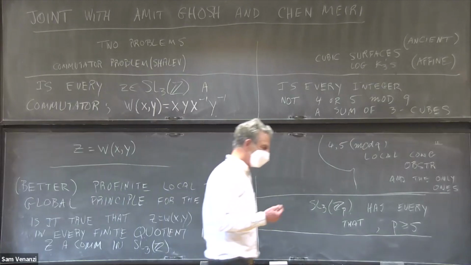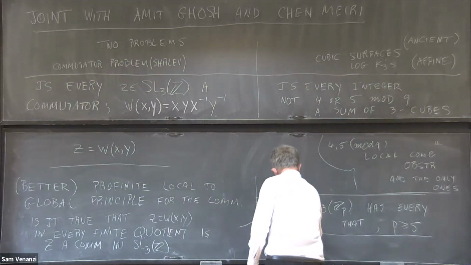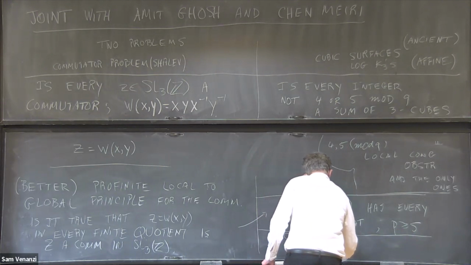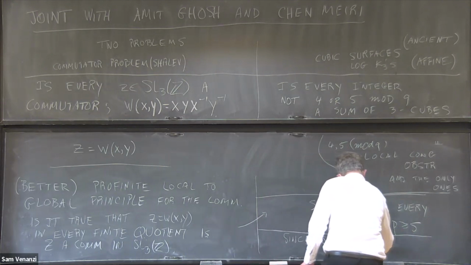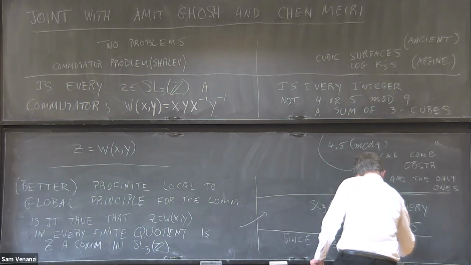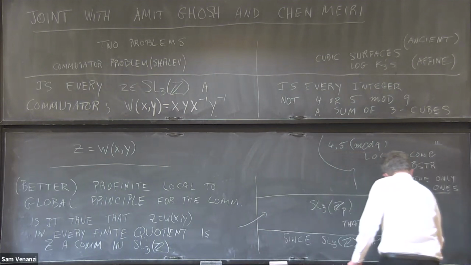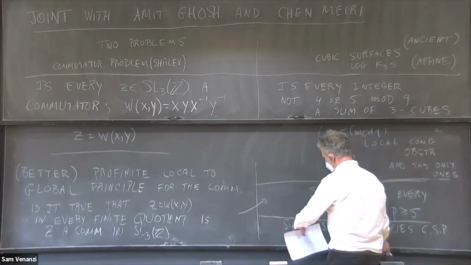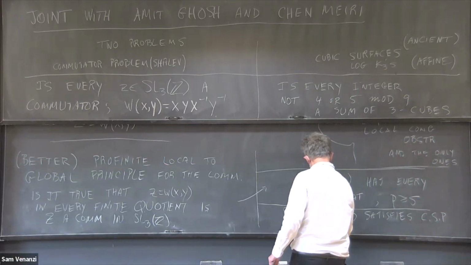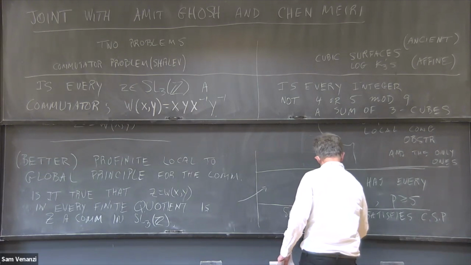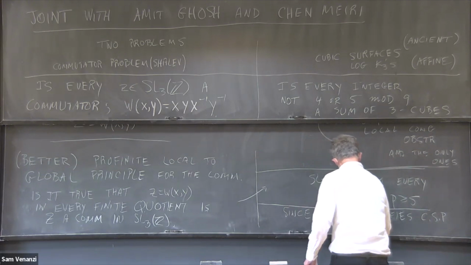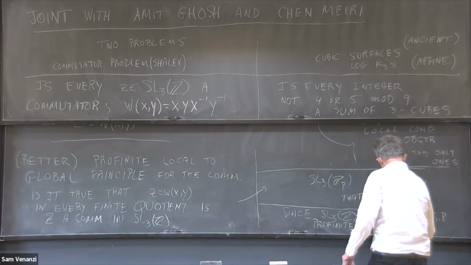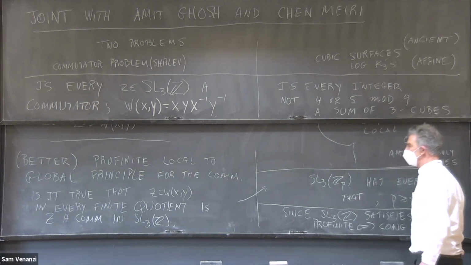So the whole point is that SL3Z satisfies it, the congruence subgroup property, profinite and congruence of the set. This will become important in the case that I'm going to discuss now.